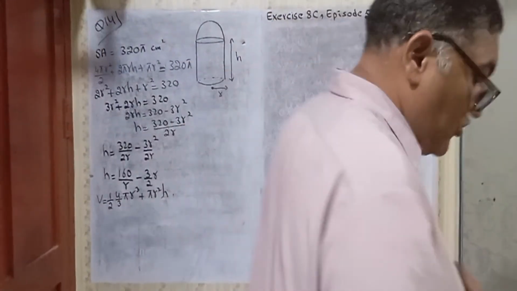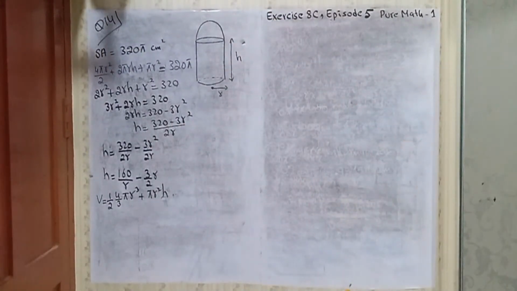The volume of this solid is the volume of the hemisphere plus the volume of the cylinder.